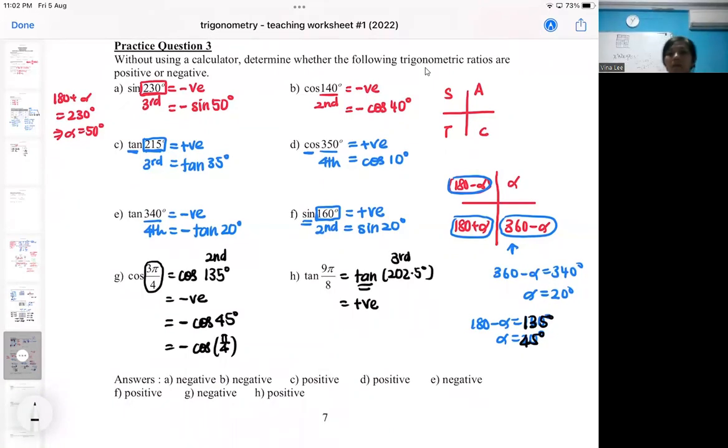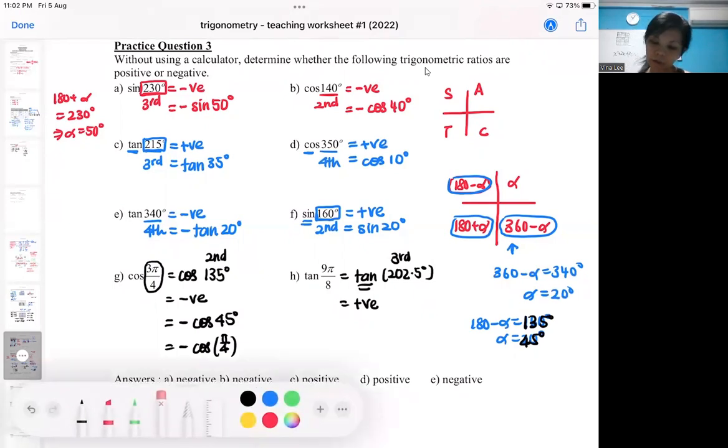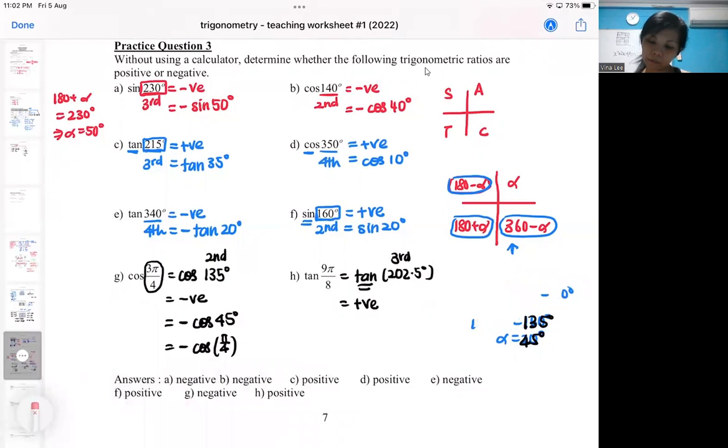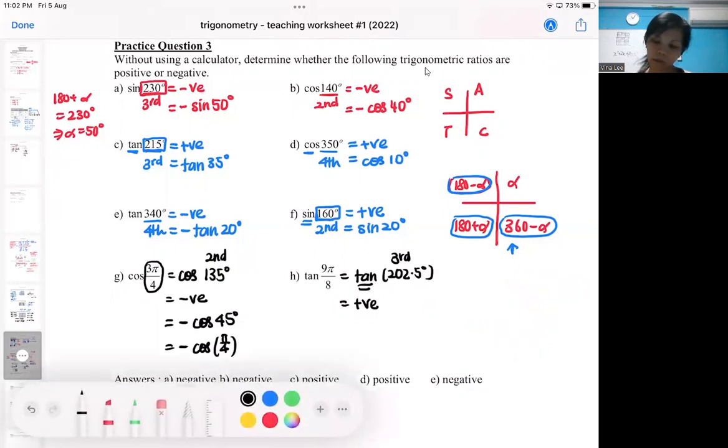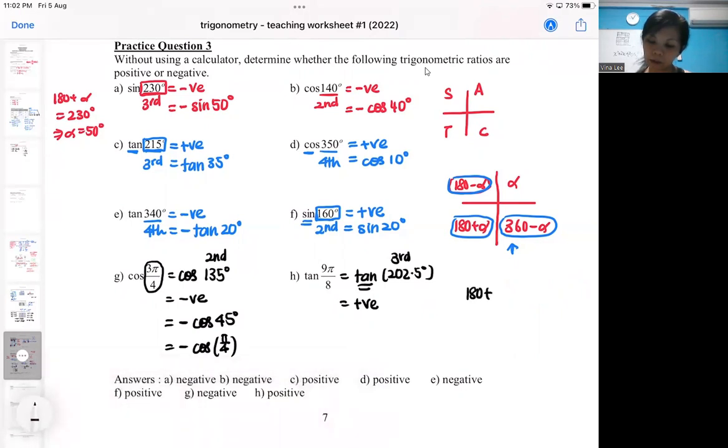So the next one, 202.5 is third quadrant. 180 plus alpha is equal to 202.5. So you get 22.5.